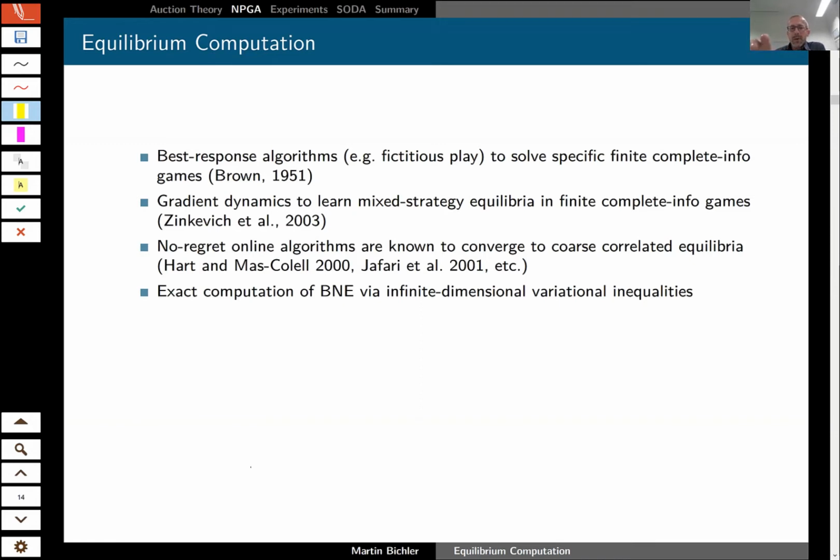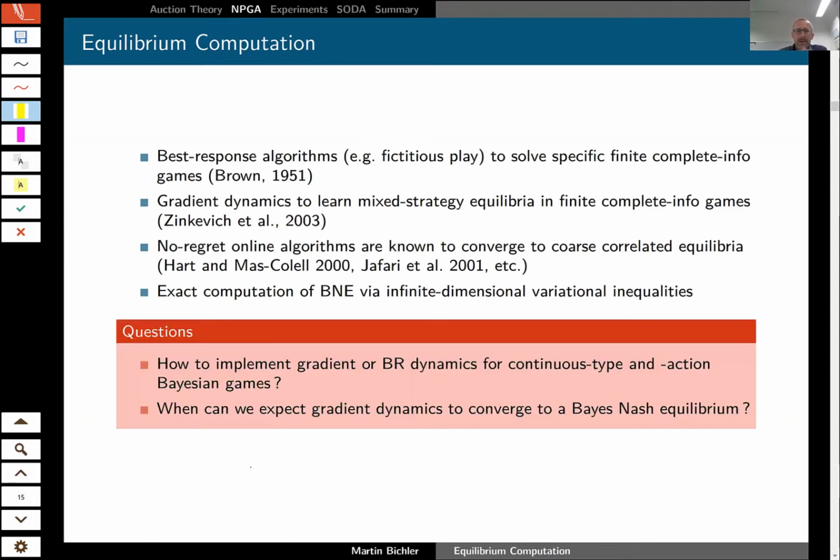It is well known that standard finite games can be written down as variational inequalities. If we are in our continuous type and continuous action games, these are actually infinite dimensional variational inequalities, and we again don't have an exact solution theory for those. So you might ask yourself, maybe we could implement gradient dynamics, but how would we do that if we have continuous type and action space?